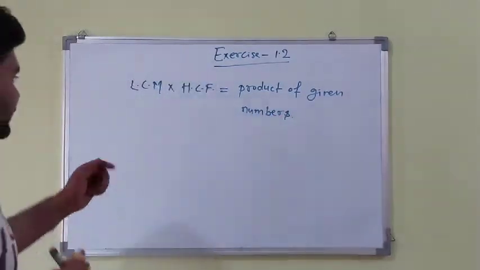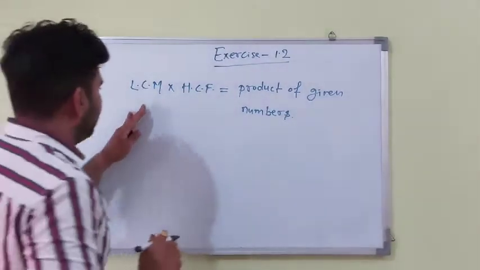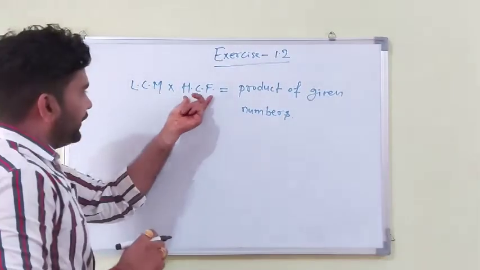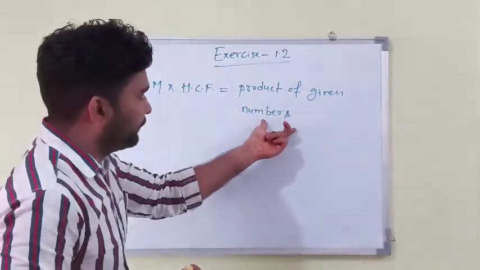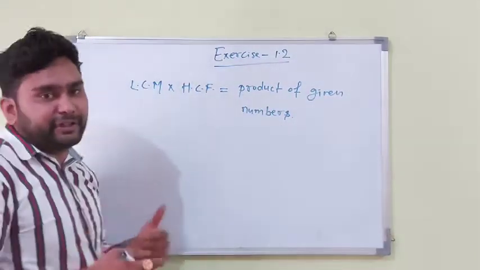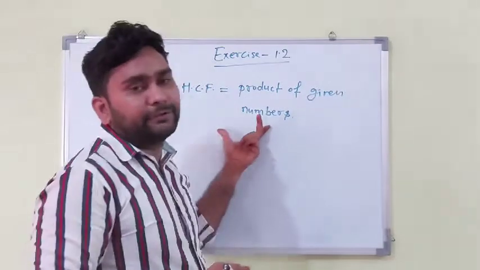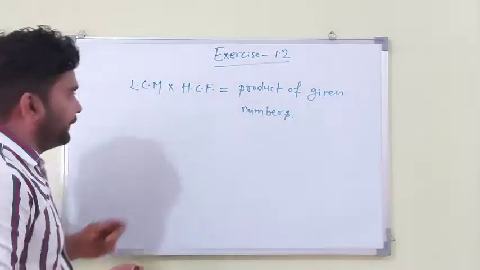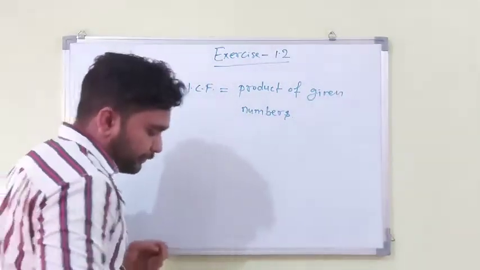So in this question, first we find the LCM, HCF and the product of the numbers, and after that we check it. If it is true, then it is verified. Okay, write it verified.